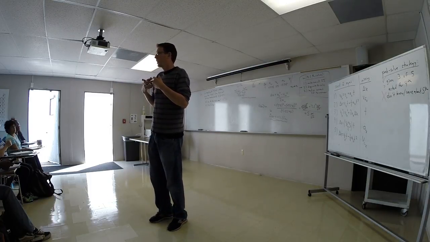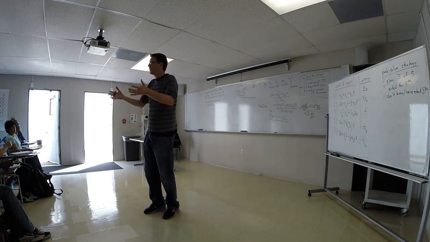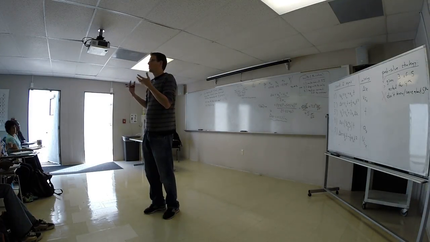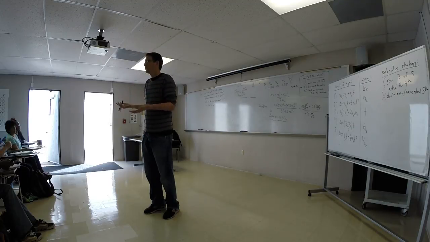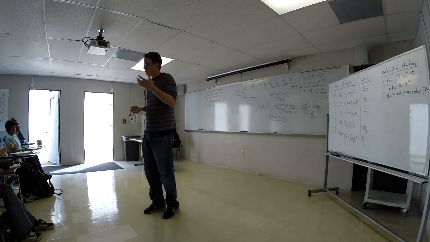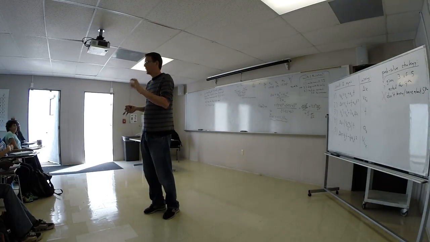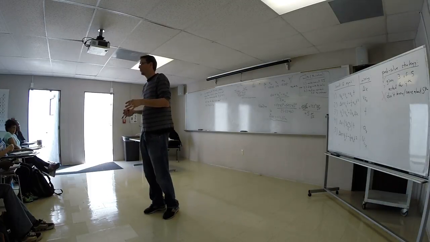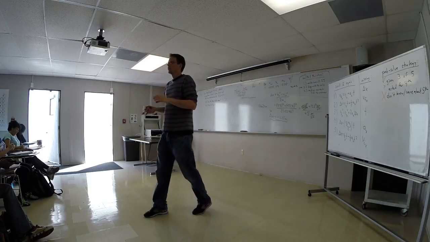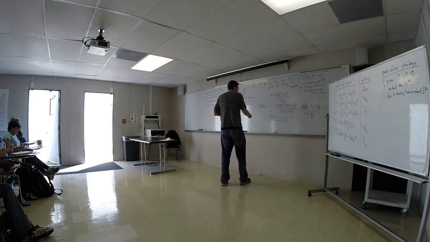So WebAssign tries to treat every option the same. It won't ask you what's the velocity. It'll ask you what's the speed. So how fast are you going? Or what's the size of the acceleration? A common mistake is to put in negatives in there as if it knows what you mean by negative. It has no idea what you mean by negative, so don't put it in there. It won't ask you for that. Okay? All right, so that's the first one.